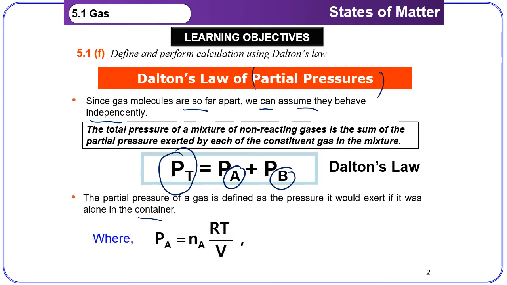For gas A, we use the ideal gas equation PA equal to nA RT over V. Also for PB, nB RT over V. So note that the volume is the same, constant volume, and constant temperature.